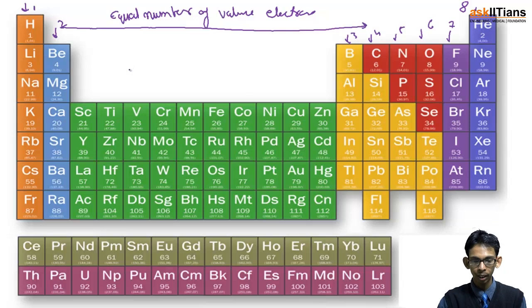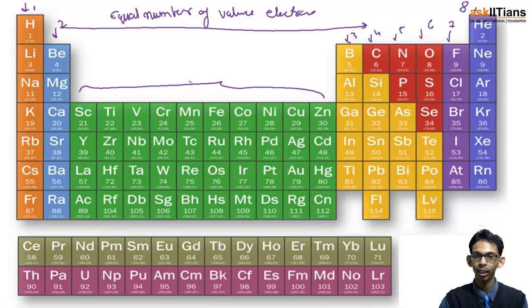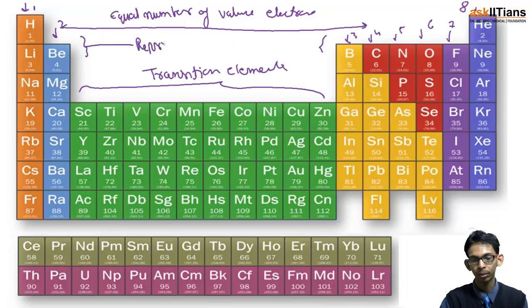And these again are transition elements, they show variable oxidation states. So D block elements are called transition elements, and these S block and P block elements are called representative elements.